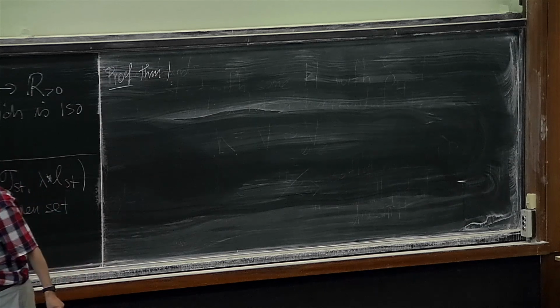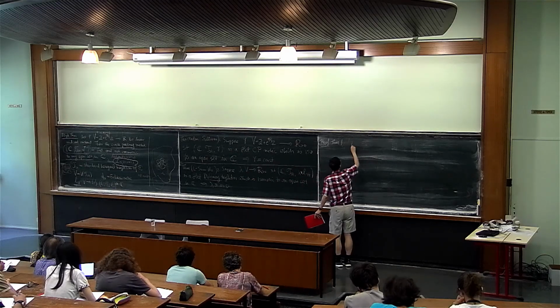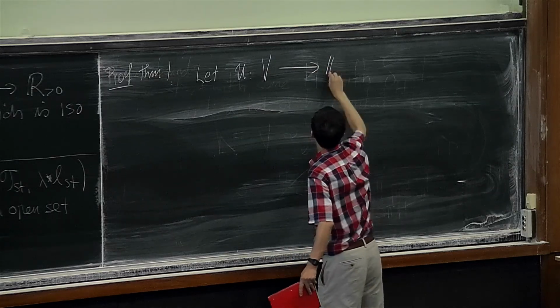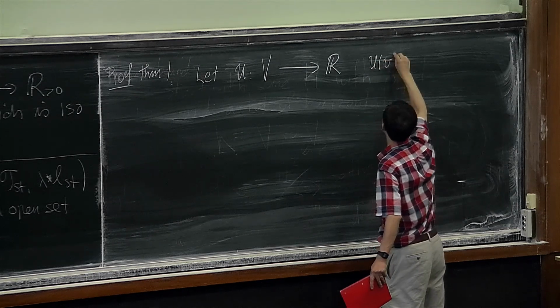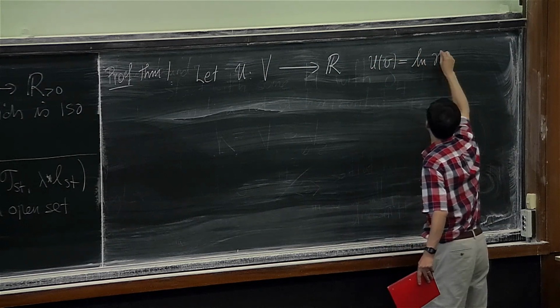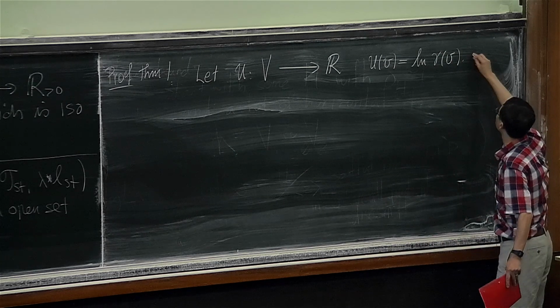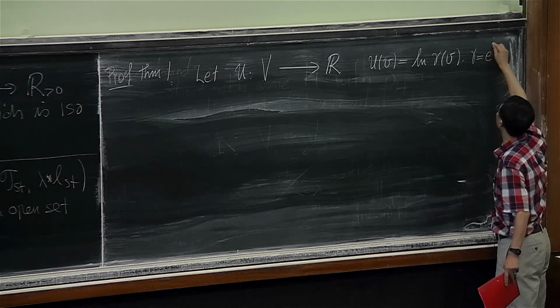Radius parameter is not the best to change, and so let's let u be the function on the vertices defined by u at a vertex is equal to log. Okay, so I'm going to write this radii assignment is really e to the u.